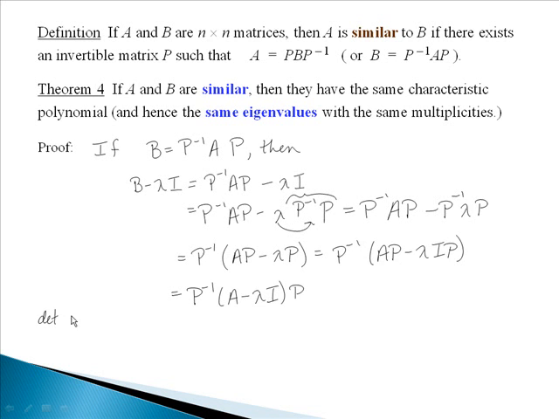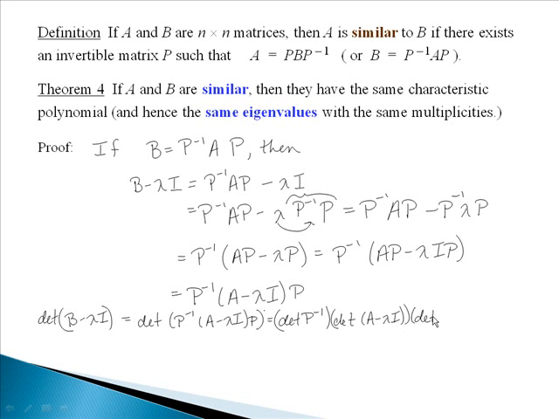So then the determinant of B minus lambda I is equal to the determinant of P inverse times (A minus lambda I) times P. And using our rules of determinants, that's simply equal to the determinant of P inverse times the determinant of A minus lambda I, then times the determinant of P.